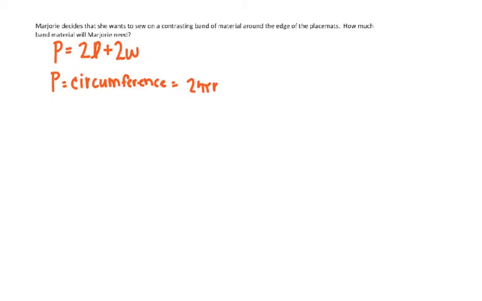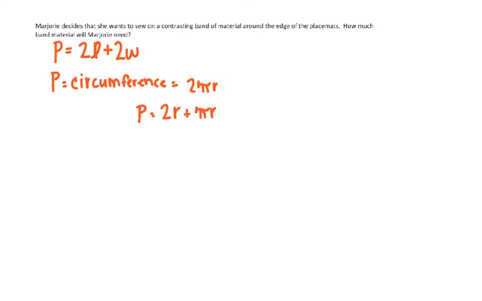So we need to find the perimeter of a semicircle, or the circumference of a semicircle, meaning all the way around that semicircle. So remember, the circumference of a circle is all the way around that circle. So we came up with an equation last week to find the perimeter of a semicircle, and we wrote it out as the perimeter equals 2 times the radius plus pi times the radius.